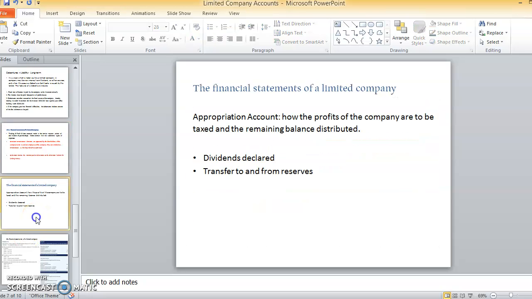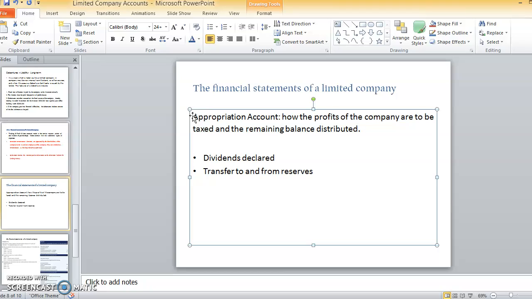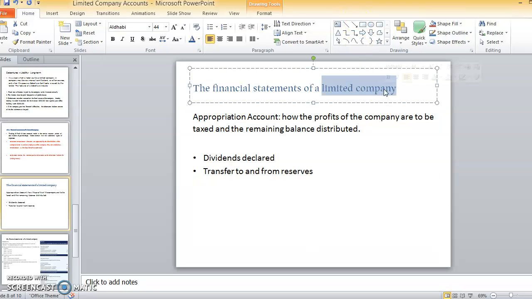And now moving forward, okay, the appropriation account. If you remember, in the partnership businesses, once you were done with the profit and loss account, we made a profit and loss appropriation account. This was an account where you basically distributed the net profits between the partners. Now remember, in a company, you do not have partners, you have shareholders.